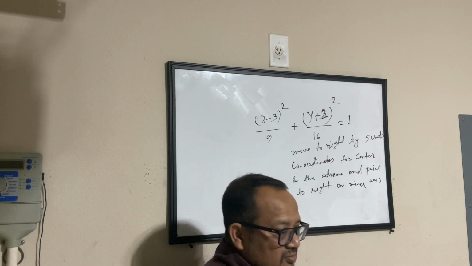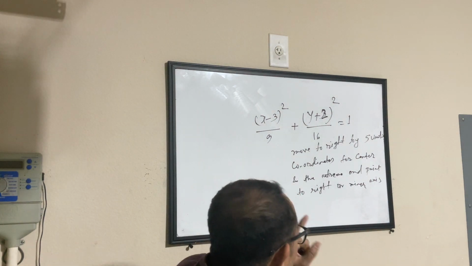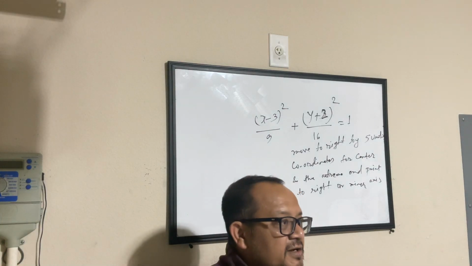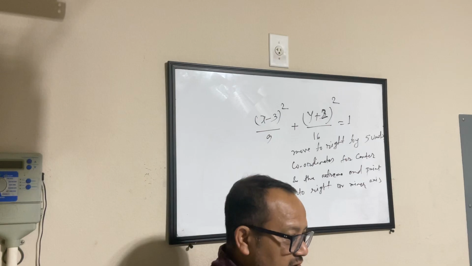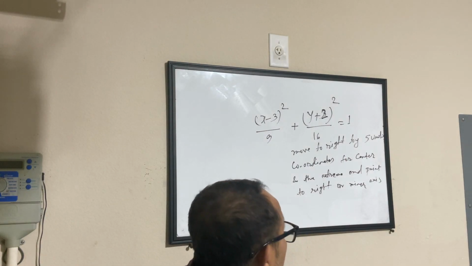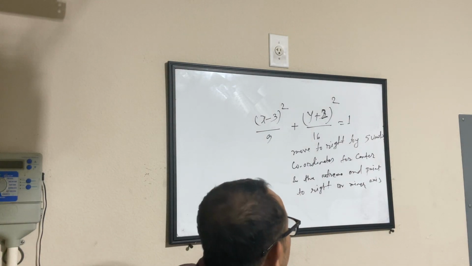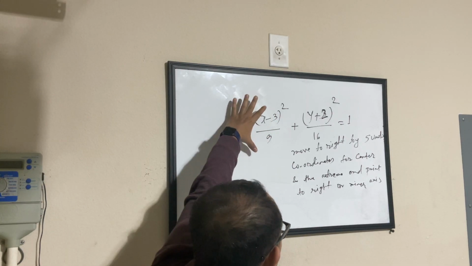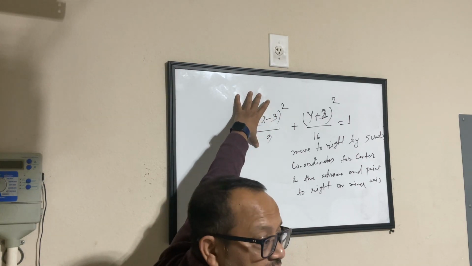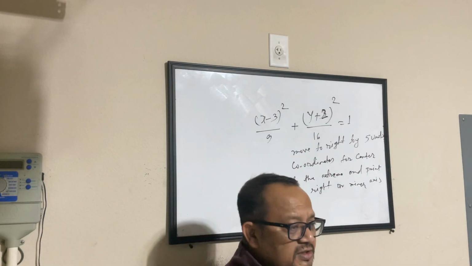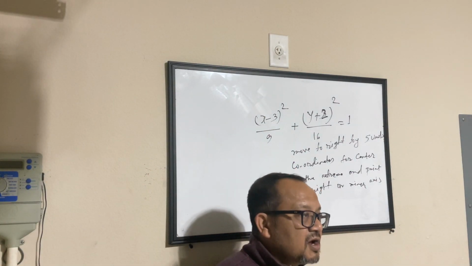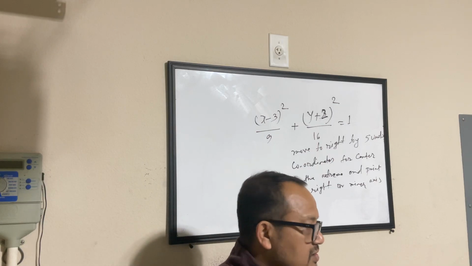Because I realized what I have done here. Now look at this question. This is an interesting word problem. Nothing complicated about it, but it's all about how we visualize and relate it with the concept that we have learned. This is the equation we have been given for a conic section. Nobody is telling you whether it's an ellipse or parabola, hyperbola or circle.